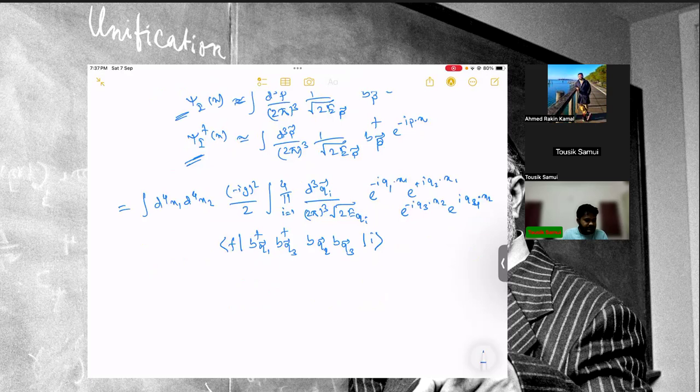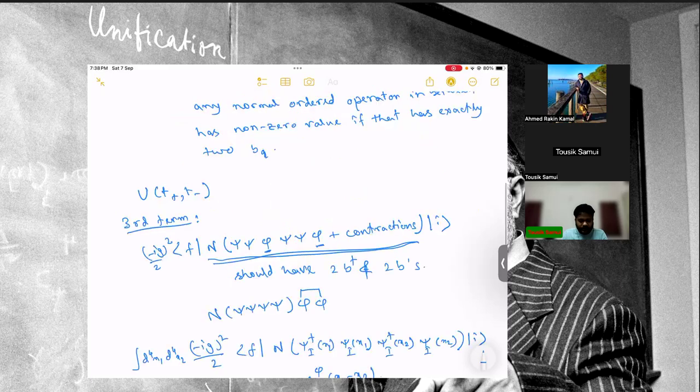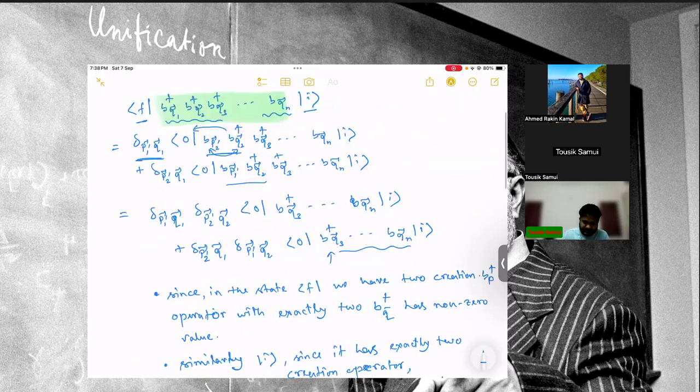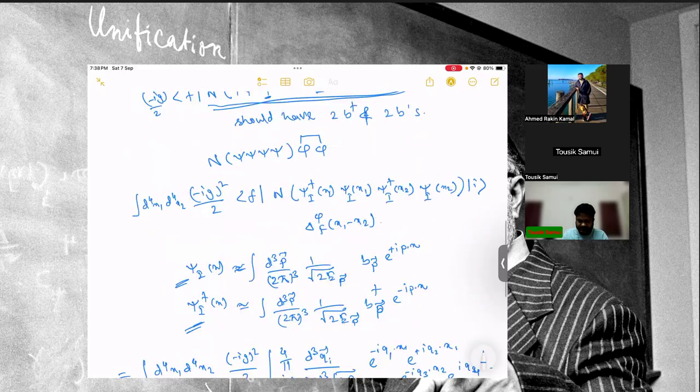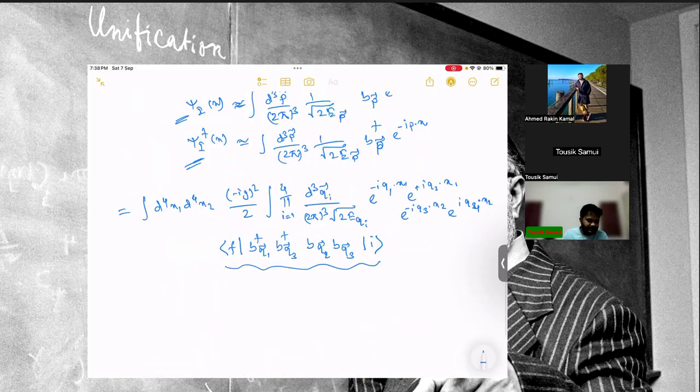And now, as before, if we do this, we have done it quite several times, then we'll see that it will eventually give us, just like before, two delta functions, and then some numbers. So if we actually calculate this, it will finally become d^4x1 d^4x2.